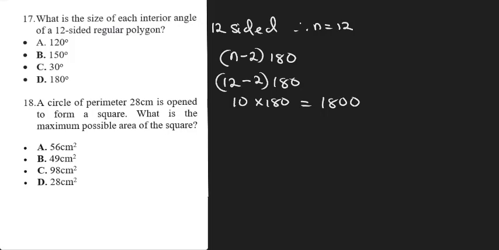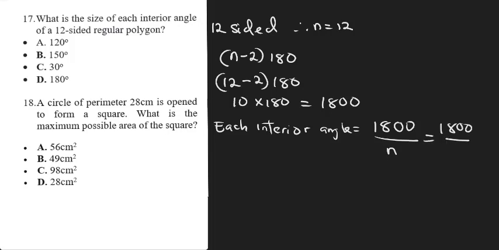So now, in order to get the size of each interior angle, each interior angle is given by 1800 divided by n. Can you see? So which is going to be 1800 divided by, what is our n? 12.